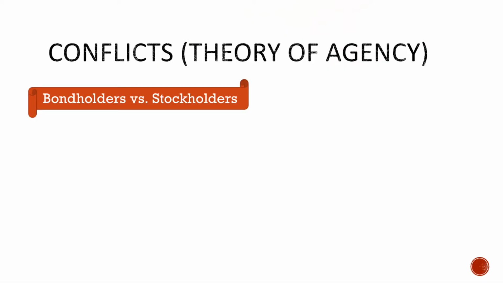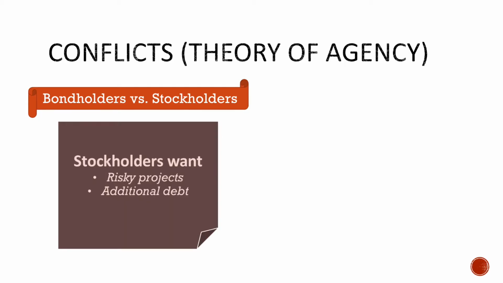A conflict of agency can also arise between bondholders, the principal, and stockholders. Basically, stockholders want risky projects as well as additional debt. Stockholders want risky projects because when risky projects pay off, the excess profits would go to them.